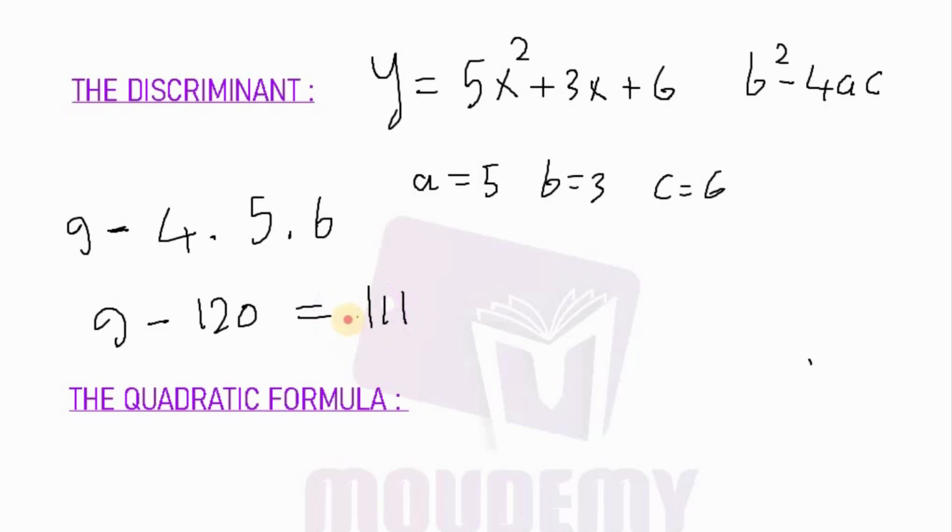So we have b squared, which is 9, minus 4 multiplied by a, which is 5, multiplied by 6, which is 120. So 9 minus 120 is negative 111, which is smaller than 0. So our function does not intersect with the x-axis or has no real roots.